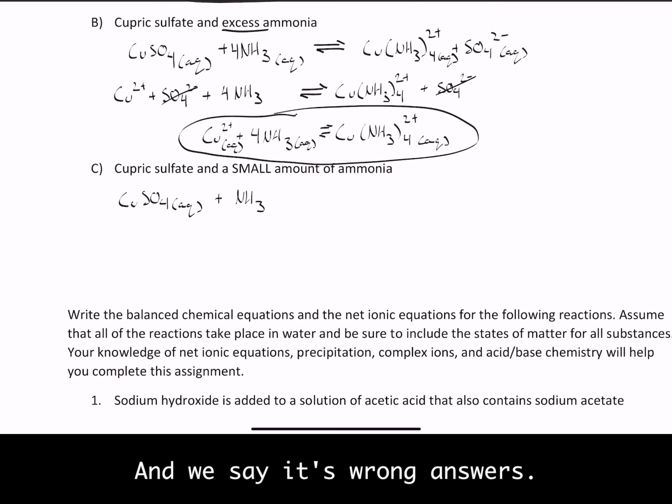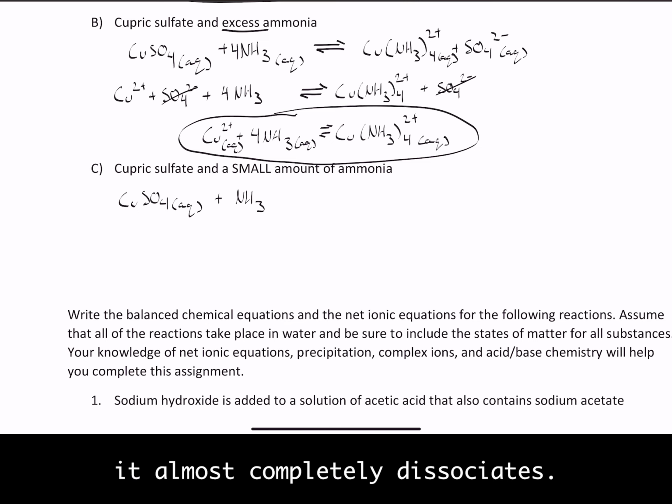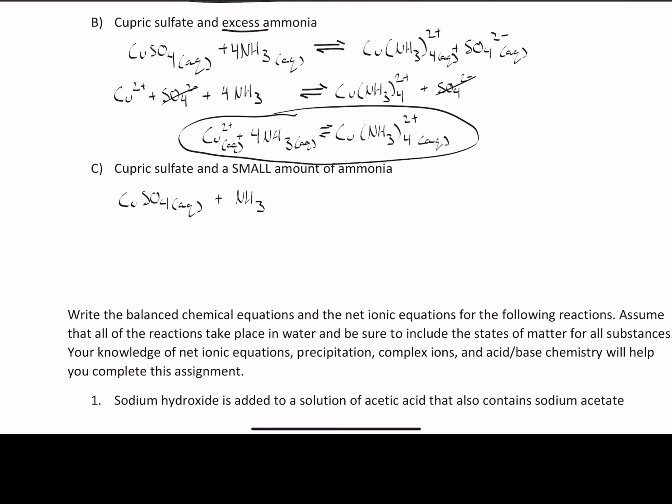And when we say it's a strong acid, we mean that, at least for the first hydrogen, it almost completely dissociates. But what about the second hydrogen? Or I guess bisulfate? Is that a strong or a weak acid? It's actually a weak acid.